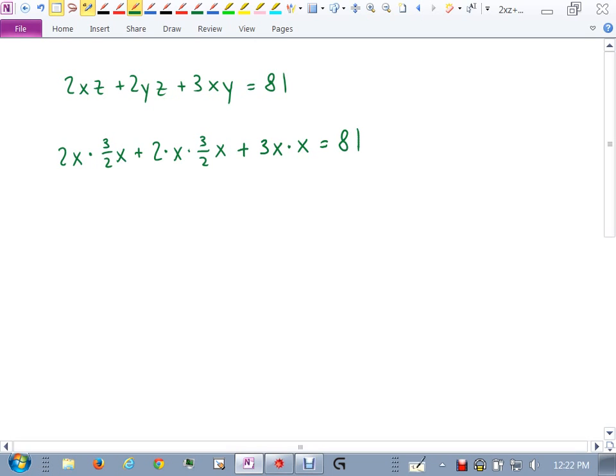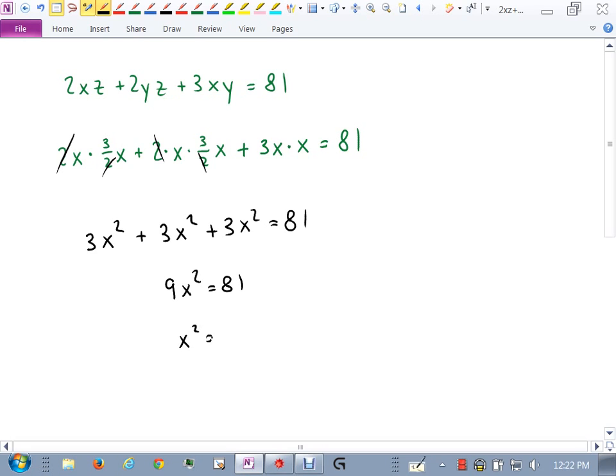All right. Double check that. I think I got it all there. 2xz, yz, xx. Nice, those two. So I have 3x squared plus 3x squared plus 3x squared equals 81. So 9x squared equals 81.